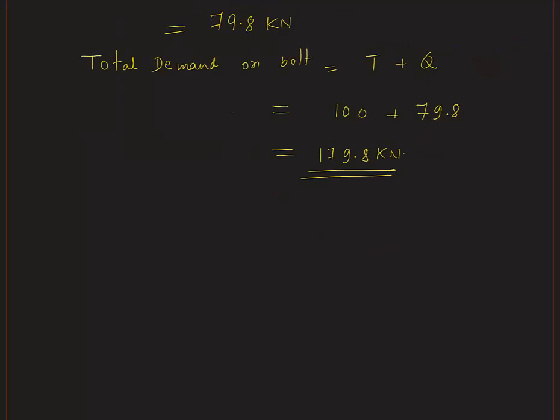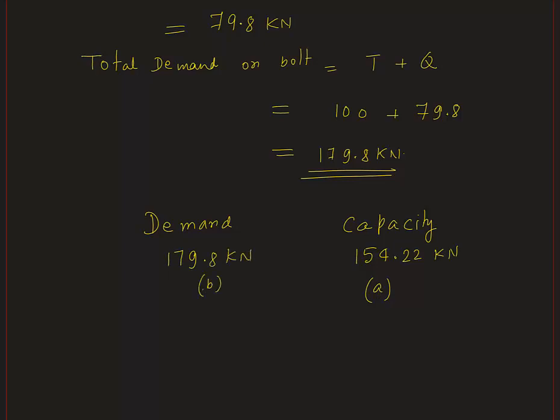So now we have calculated the demand as well as the capacity for the bolt. We calculated the capacity in the first part, that is 154.22 kilonewton, so this is coming from part A. And we calculated the demand, that is the total force coming on the bolt, that is 179.8 kilonewton, so this is coming from part B. So you see, my bolt capacity is less and demand is high.